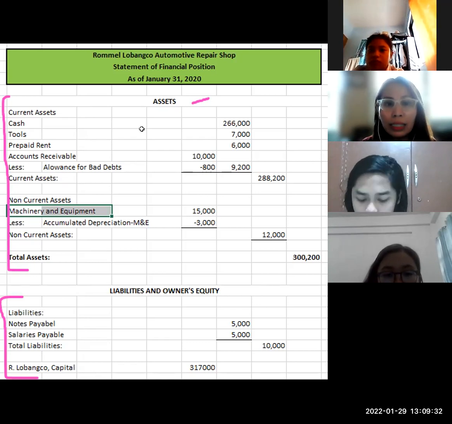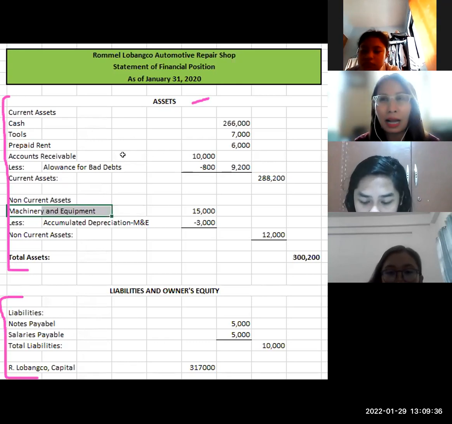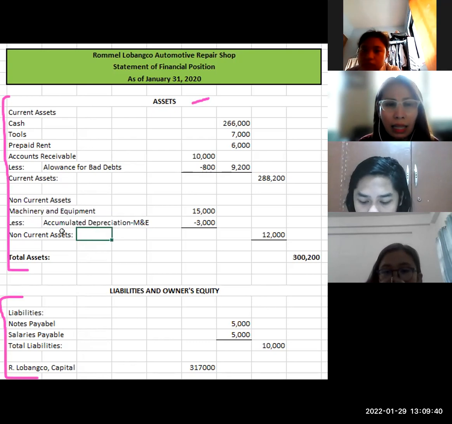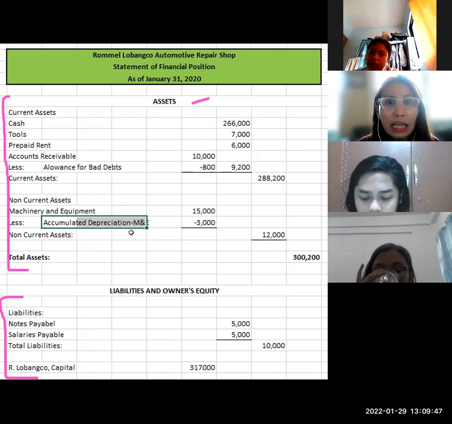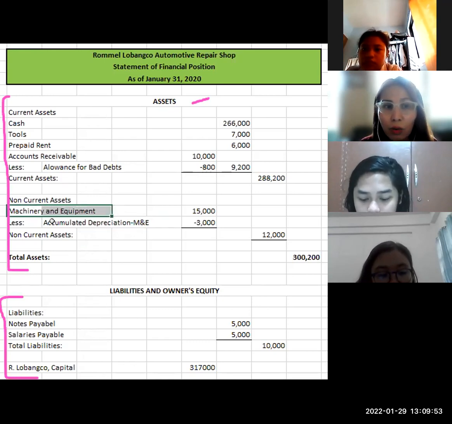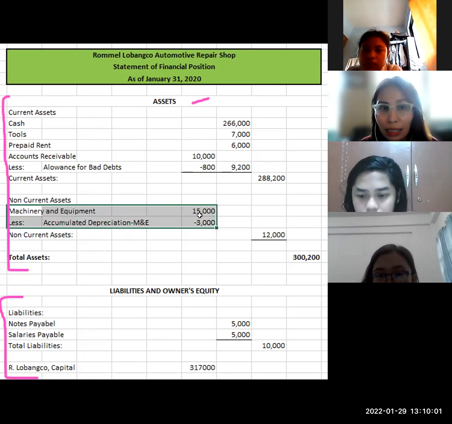Katulad ng mga royalty assets, those are mga intangible. Ayan po. And then, accumulated depreciation is a contra asset. It is deducted from the machinery and equipment asset. Okay po. Kasi it reduces the value of this particular asset.